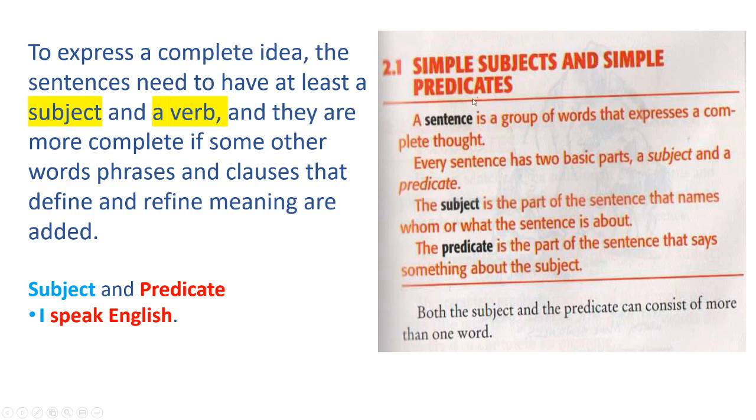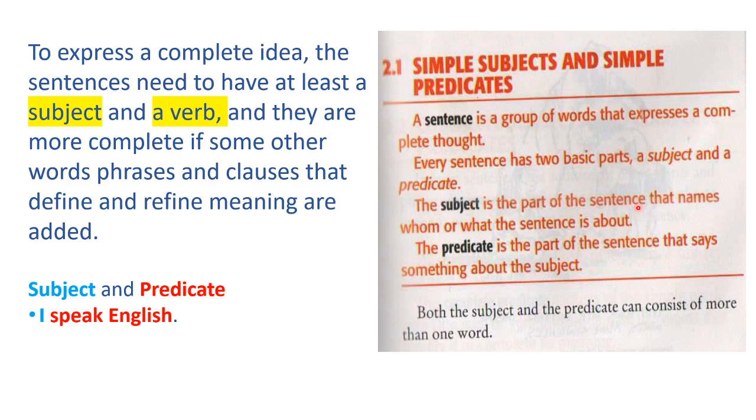First, in your book you're going to find an explanation of the definition of what the sentence is, then the subject and the predicate, what they are, because they are the two basic parts in a sentence. A sentence has two basic parts that are the subject and the predicate.